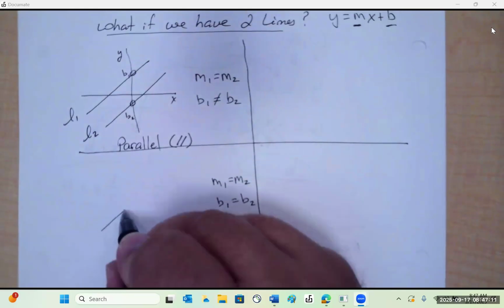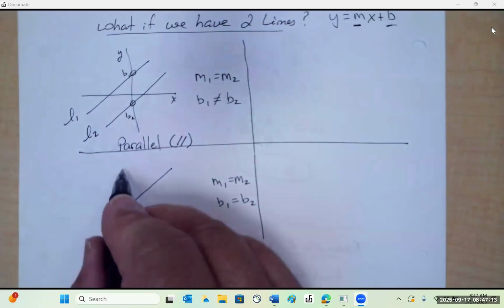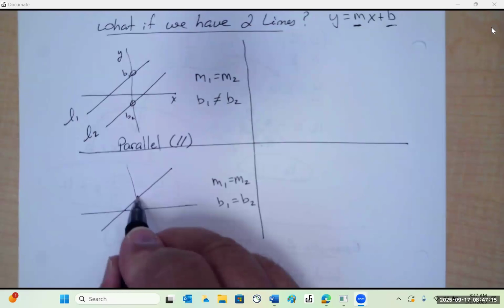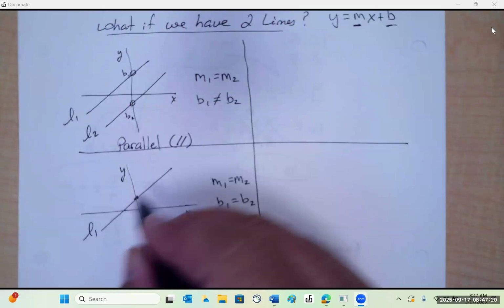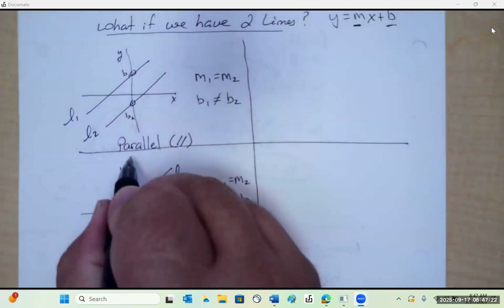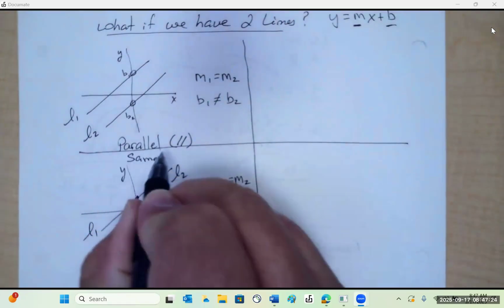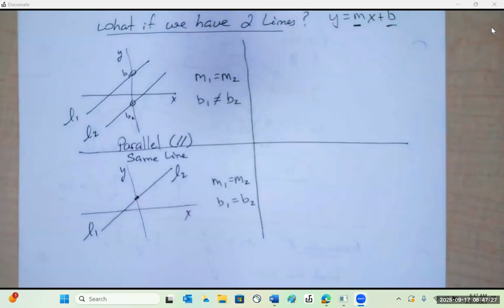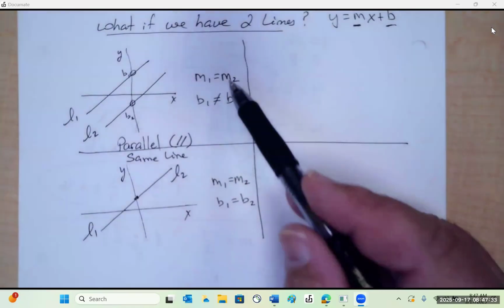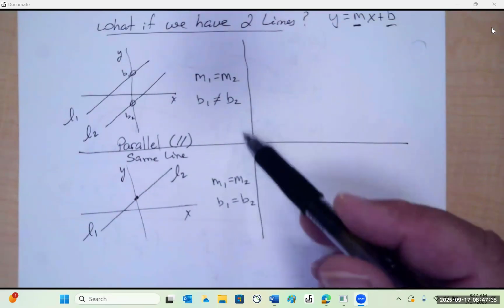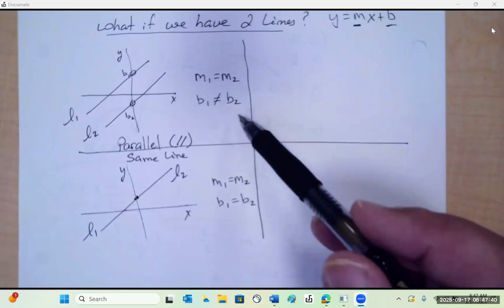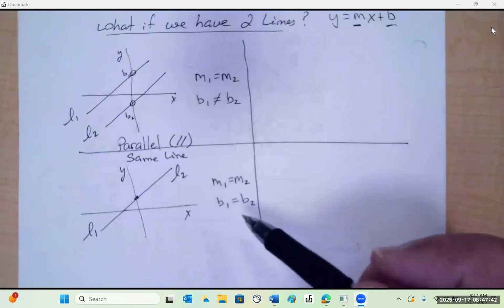Because if two lines had the same slope and the same y-intercept, so line 1 and line 2, they would be the same line. So in the first condition, we're looking at if the slopes are the same. If the slopes are the same, they're either going to be parallel or the same line.